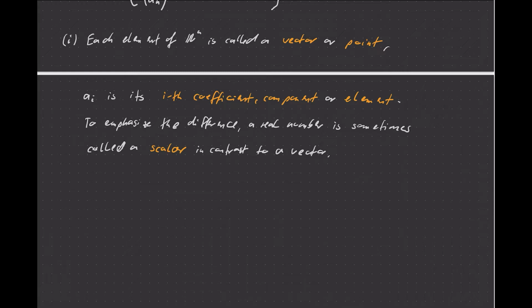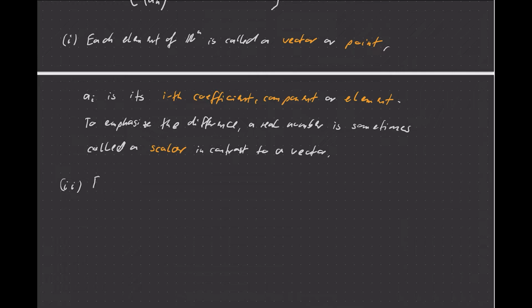Now, I've already said we will mostly be using column vectors, but for reasons that will become apparent later, it's sometimes useful to use row vectors as well. So we want to have a means of transforming column vectors into row vectors and vice versa, and that is why we define the notion of transposition.